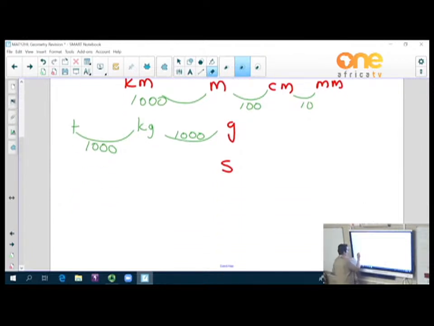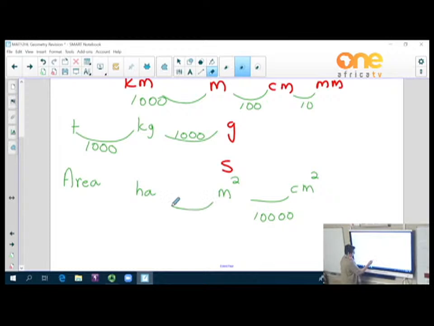If we work with area, this is now a bit larger numbers, which you should also know. Now here we have square meters, square centimeters, and then hectares here. Now we know that 100 centimeters is 1 meter, but that means that 10,000, 100 by 100, 10,000 square centimeters is 1 square meter.